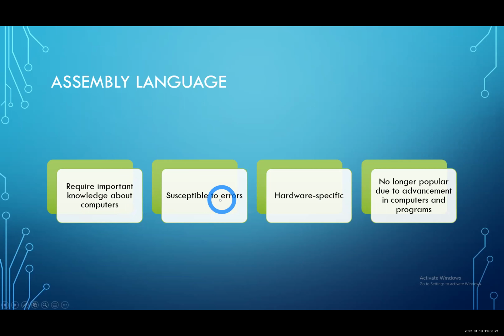When you have that level of control, you can make catastrophic errors and completely break a computer. It's hardware specific, and it's no longer popular because it was very difficult to learn, and very easy to make a mistake.